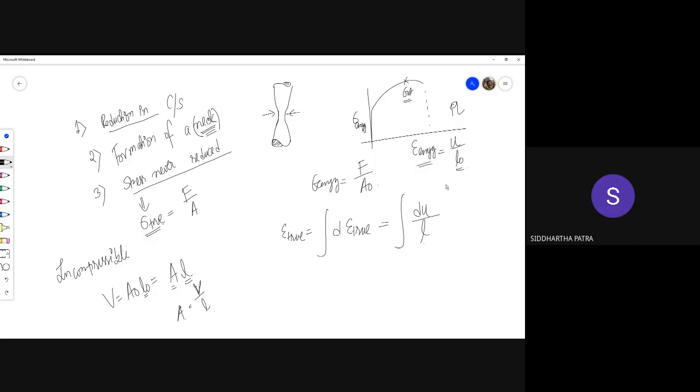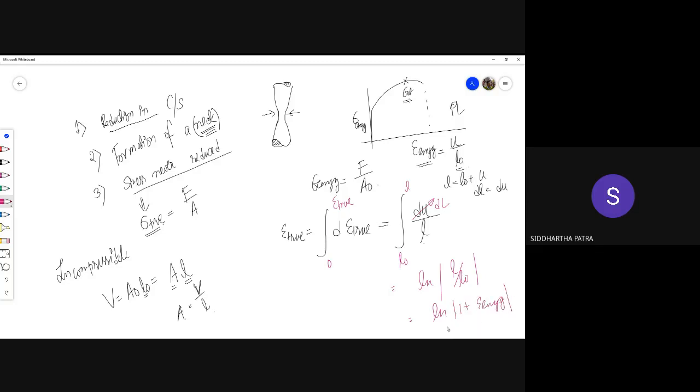So you see, L is L0 plus U. So dL is essentially dU. So I can replace this dU with dL and perform this integration from L0 to L. So this essentially is the natural logarithm of L to L0, which basically means ln of, as we discussed earlier, 1 plus epsilon engineering.